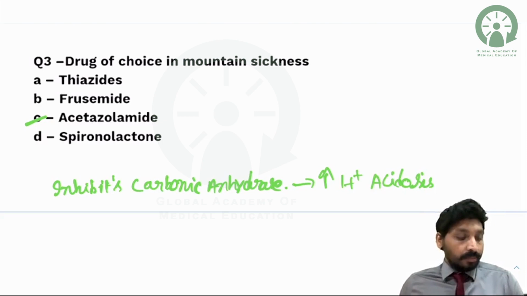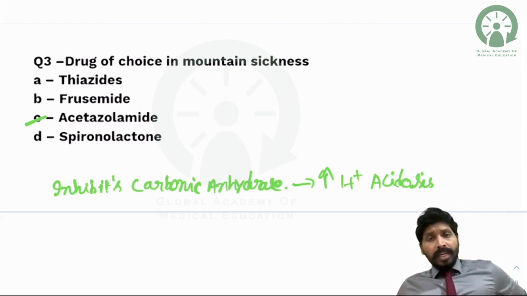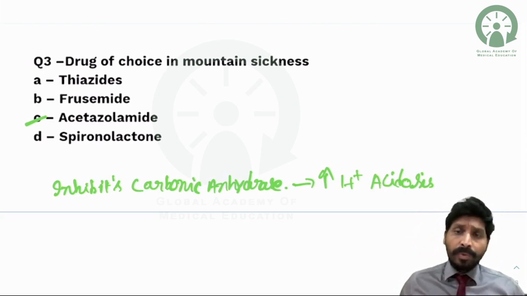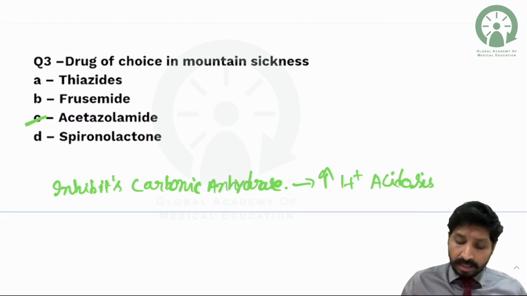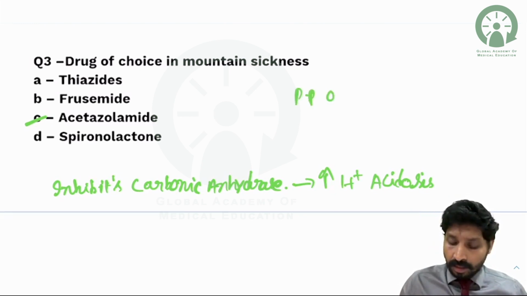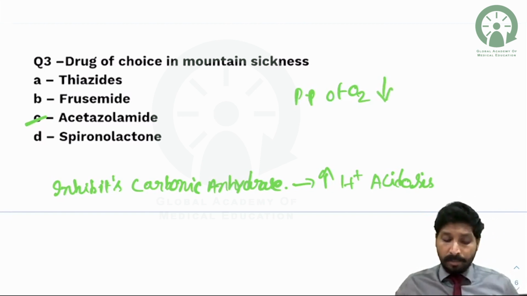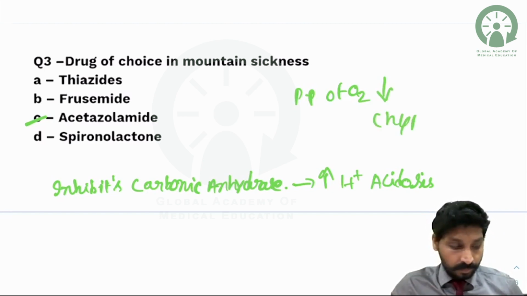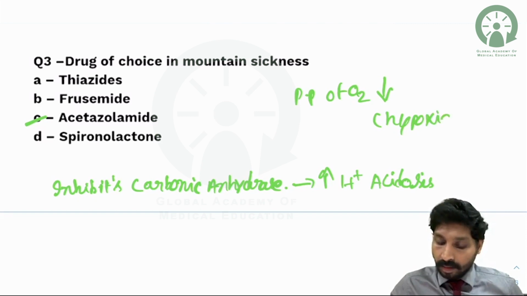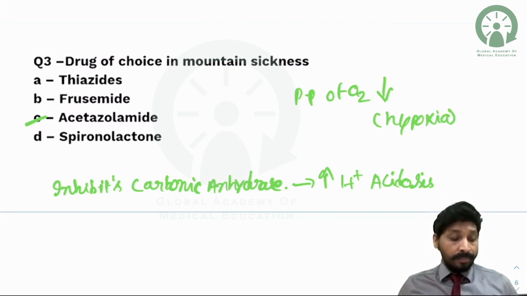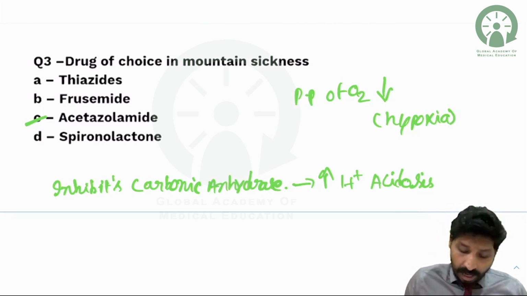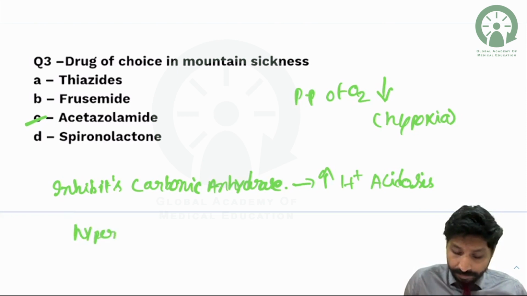So as you say, mountain sickness, what you have to remember in mountain sickness is that your partial pressure of oxygen is low. Okay, it leads to hypoxia. So what happens as partial pressure of oxygen is low, there is an increase in acidosis. So what happens in that condition? Hyperventilation will be there.